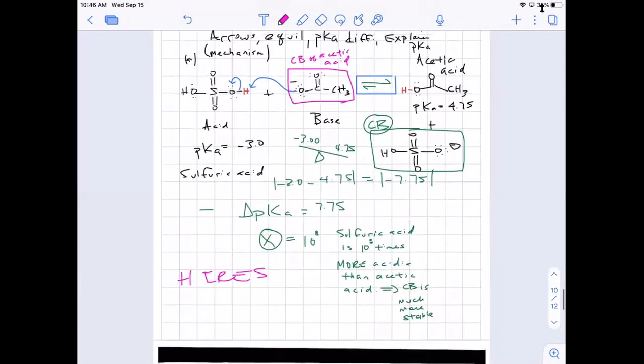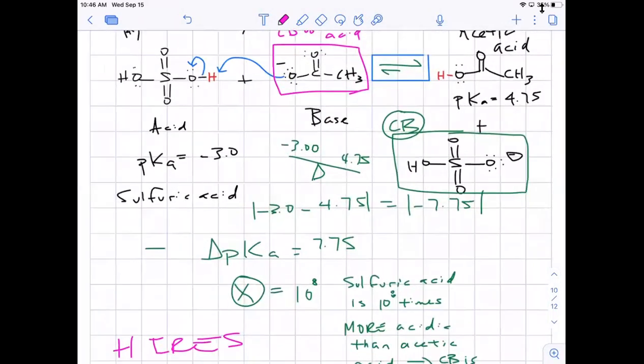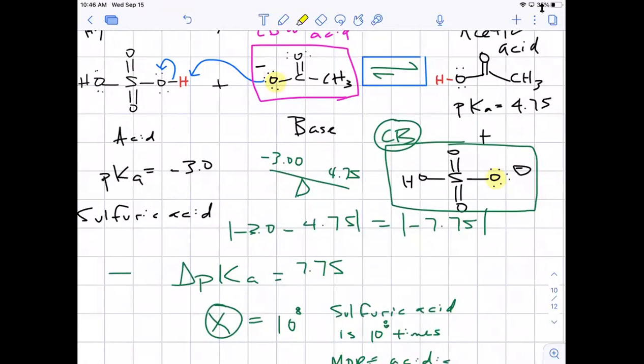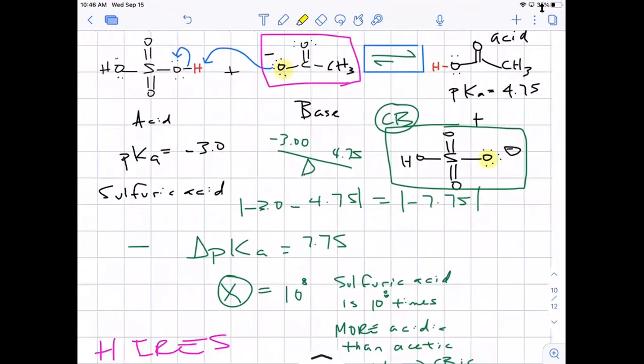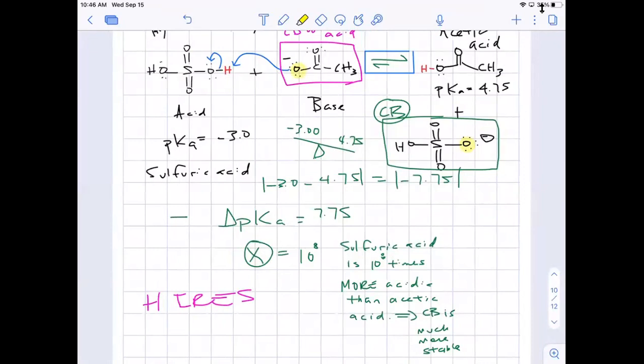Where is the negative charge in both cases? What atom is it on? The oxygen? Oxygen. Good. So right away we can see both oxygens are sp3 hybridized. So we can't compare hybridization because it's on the same atom. The same with the size and electronegativity, because the charge is on oxygen in both cases.